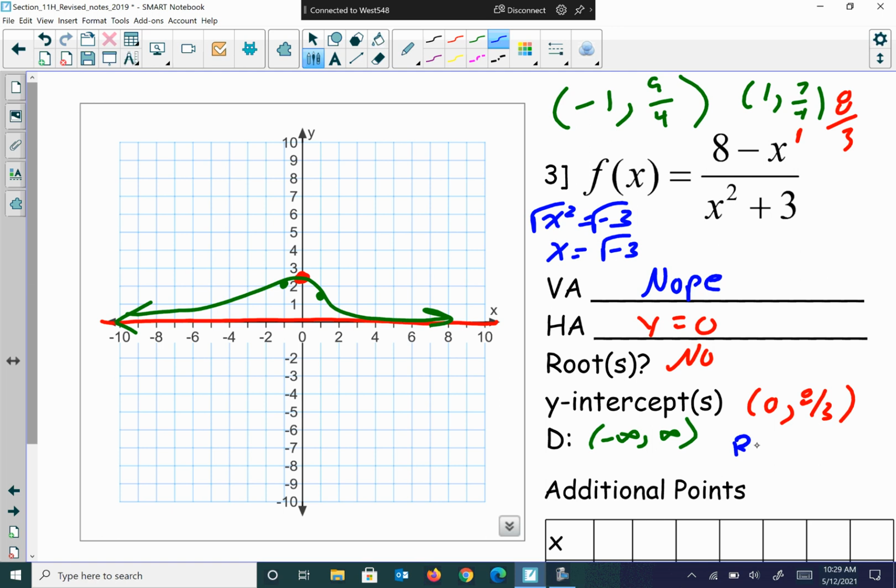I'm not going to test you on this, but the range on this is kind of ridiculous. It looks like I have a maximum value here at, what was that? We said that was 8/3.